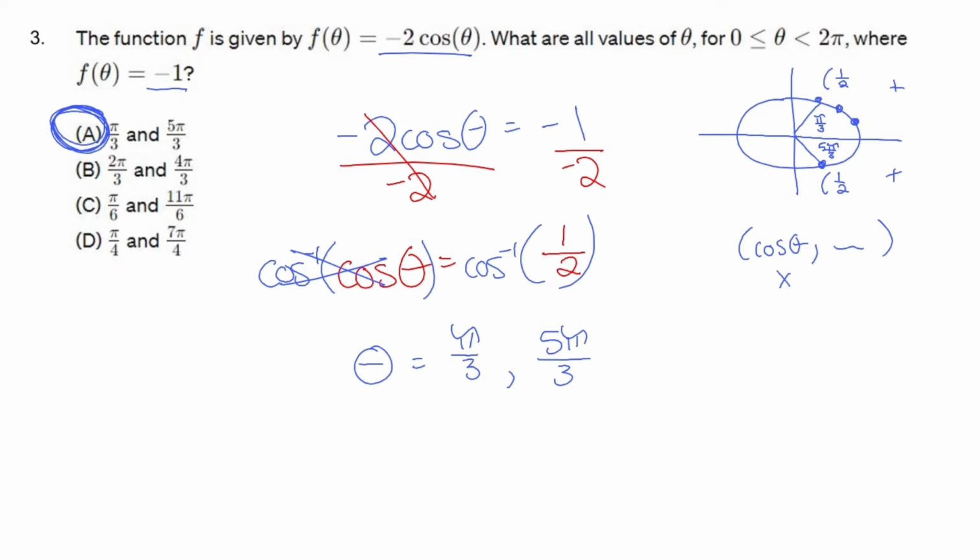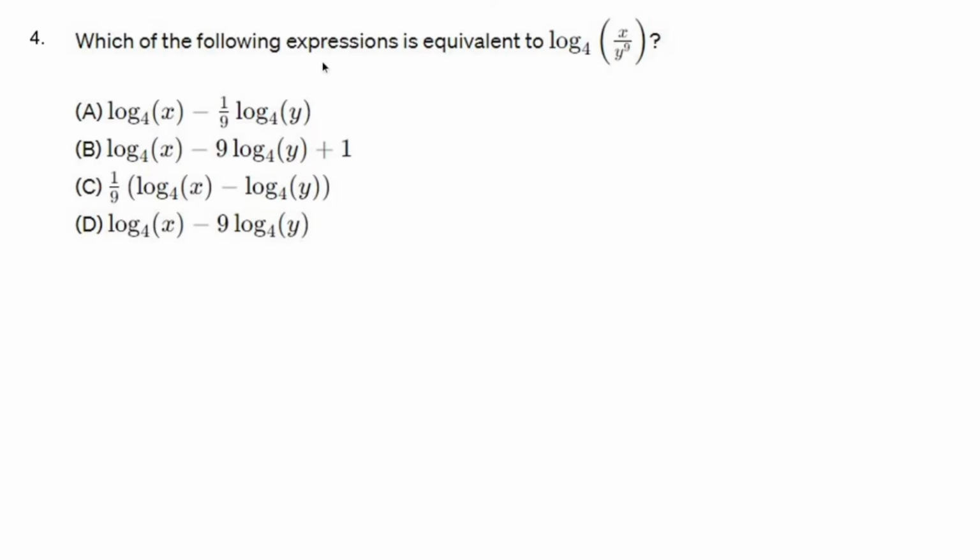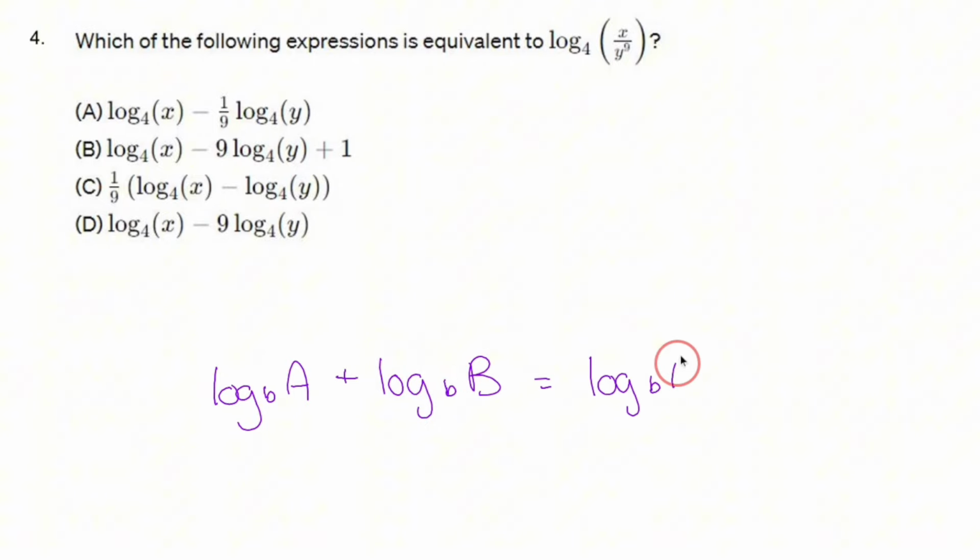Hope this helps. Which of the following expressions is equivalent to log base 4 of x over y to the 9th? Well, we know rules like this: if you have log base b of a plus log base b of b, you combine those through multiplication.